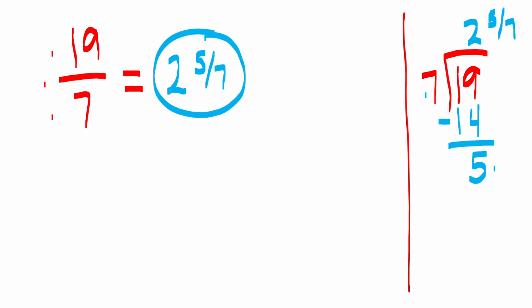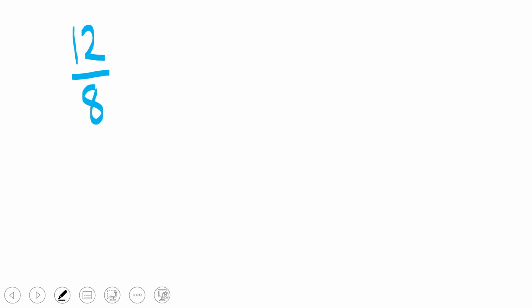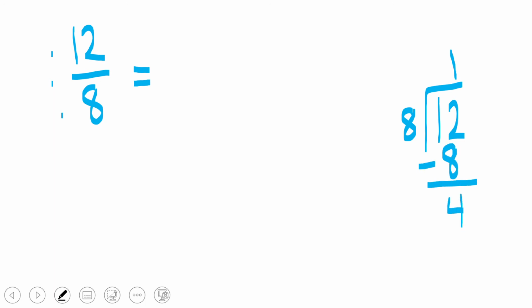Let's try another one. For us to rename 12/8 as a mixed number, remember we have 12 divided by 8. 8 fits into 12 one time, subtract 8, and we get a remainder of 4/8. We can reduce the fraction 4/8 to 1/2.